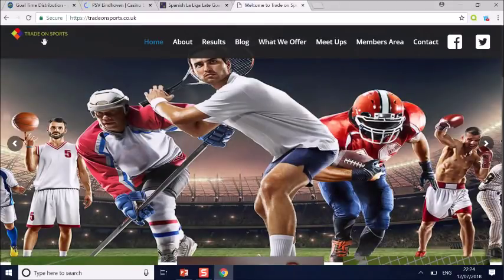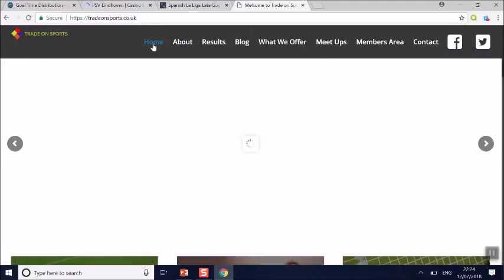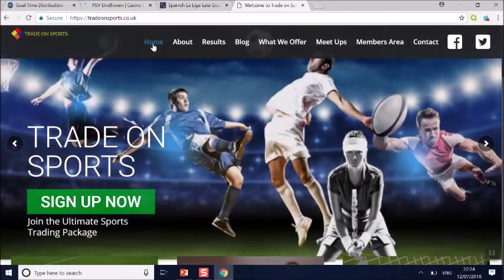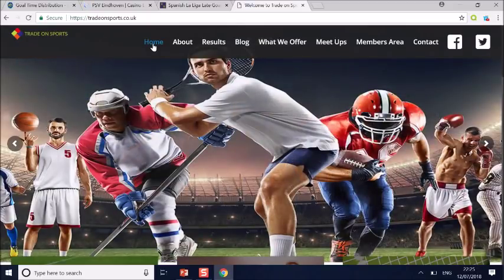Trade on Sports have a particular package in regards to football, where they specialize in, well, I wouldn't say it's a secret because even I became aware of it a number of years ago, but I didn't look into it in much detail. I must admit, through Trade on Sports, I have started looking into it in a lot more detail.